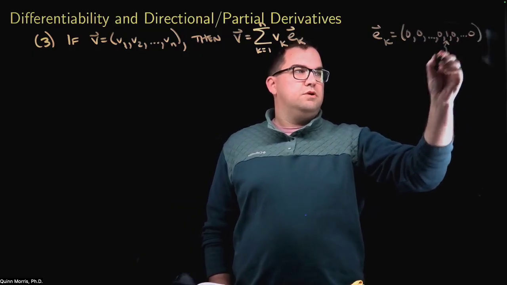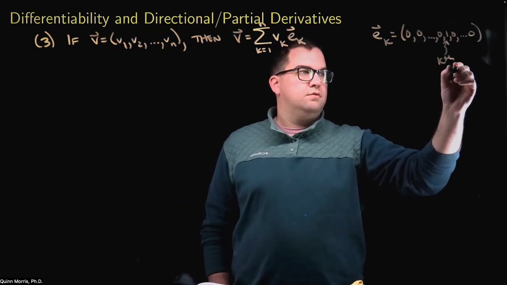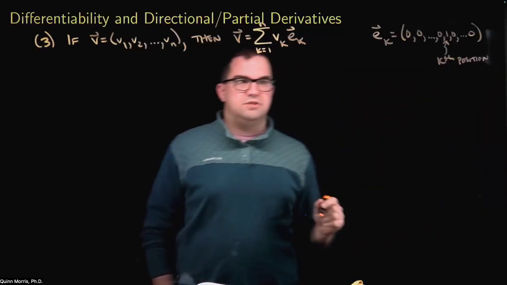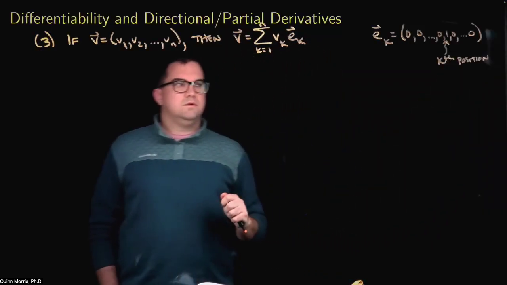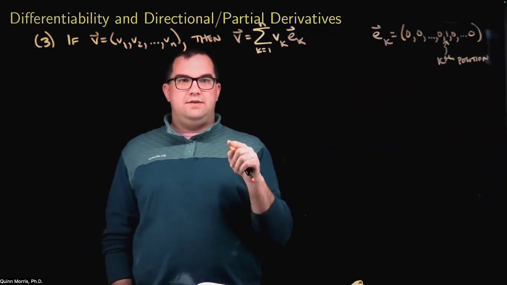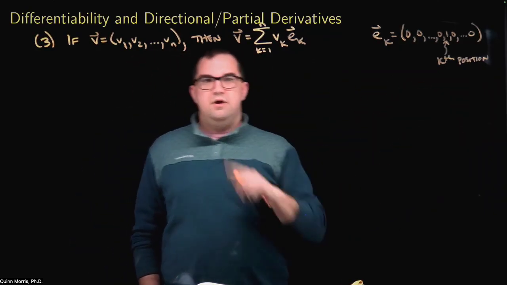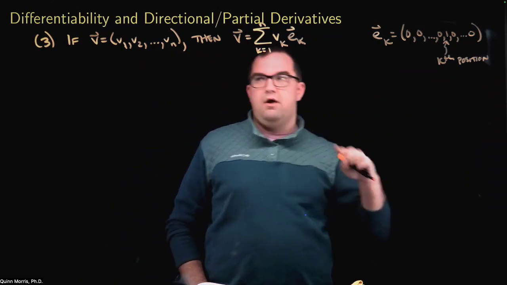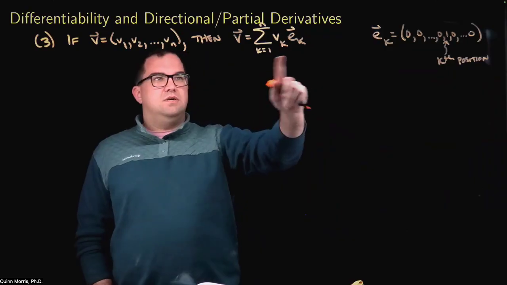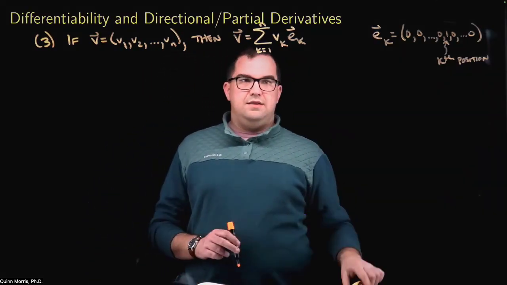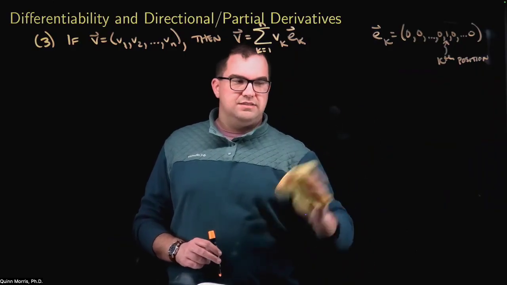So just in the kth position, I have a 1. Everywhere else, I have zeros. This is basically saying I can take this vector and rewrite it as v1 times 1, 0, 0, 0, plus v2 times 0, 1, 0, 0, and so on. So this is the decomposition of the vector v into the standard basis.